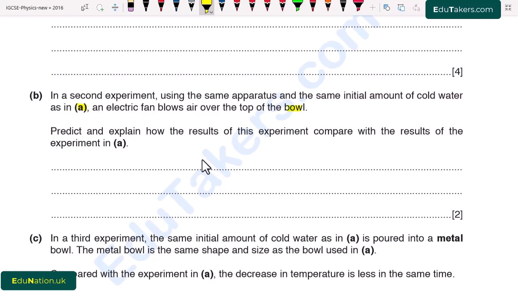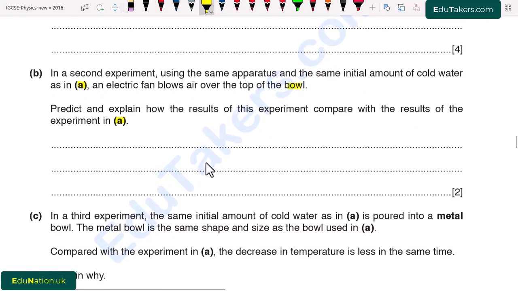Predict and explain how the result of this experiment compares with the result of the experiment in part A. So both of these experiments are similar, except that in the second experiment an electric fan blows air over the top of the bowl. So there will be a greater decrease in temperature in the second experiment because the fan removes vapors away, allowing more molecules to escape. As a result, there will be fast evaporation.